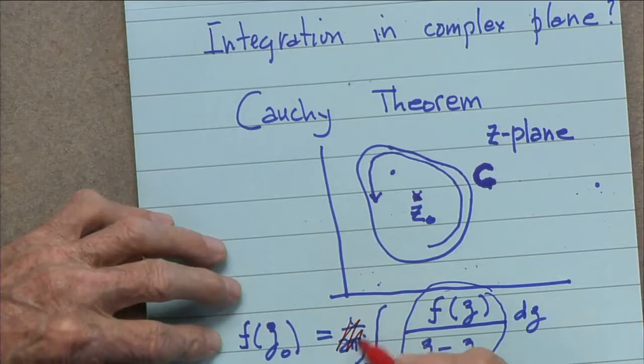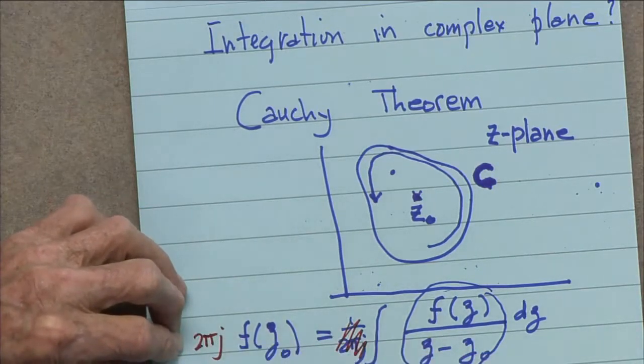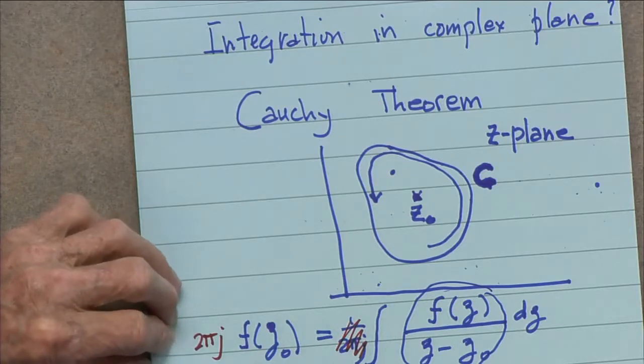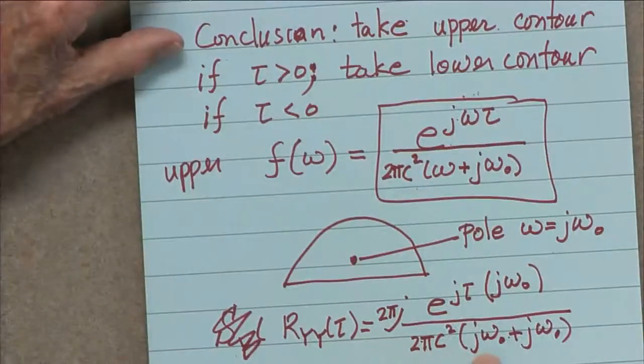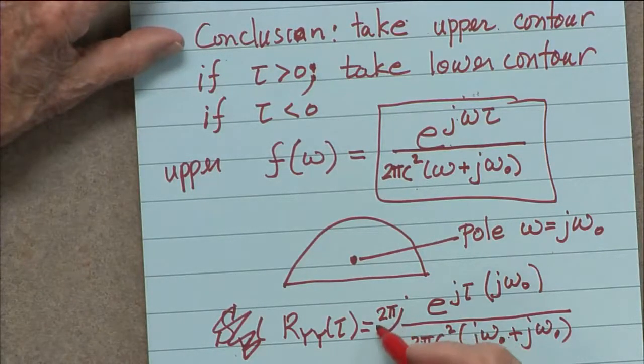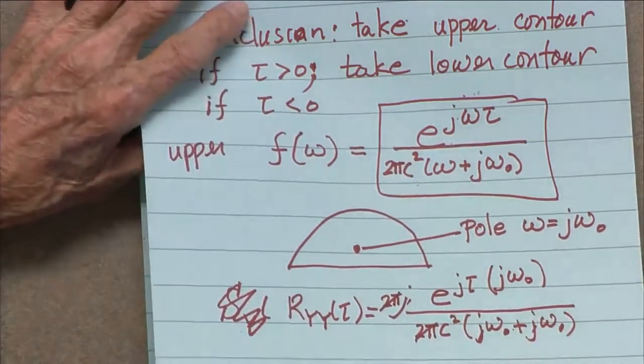I take this 2 pi j over here. Look at that. 2 pi goes out, and the j goes out. We have R_YY. Isn't that simple?